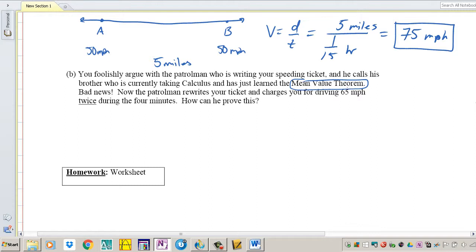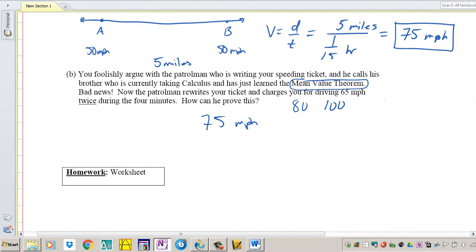Well, first of all, your average was 75 miles per hour. That could mean a lot of things. That could mean you could have gone to 80 miles per hour, even 100. But you slowed down just slow enough so that your average was 75.